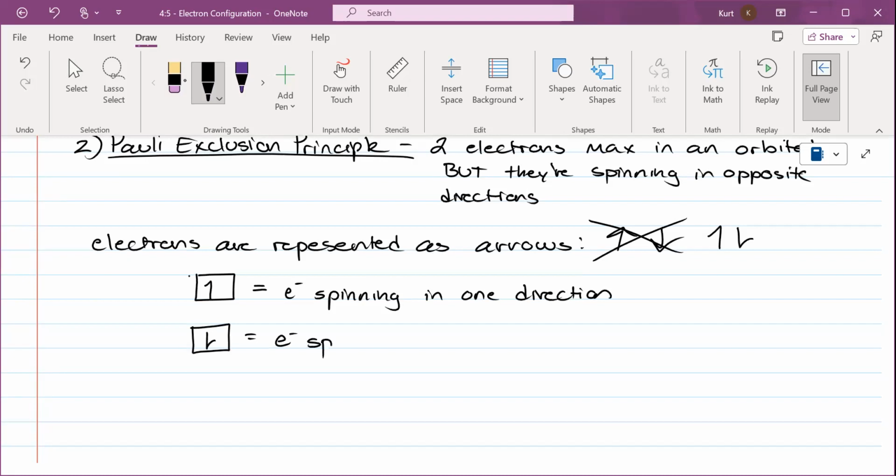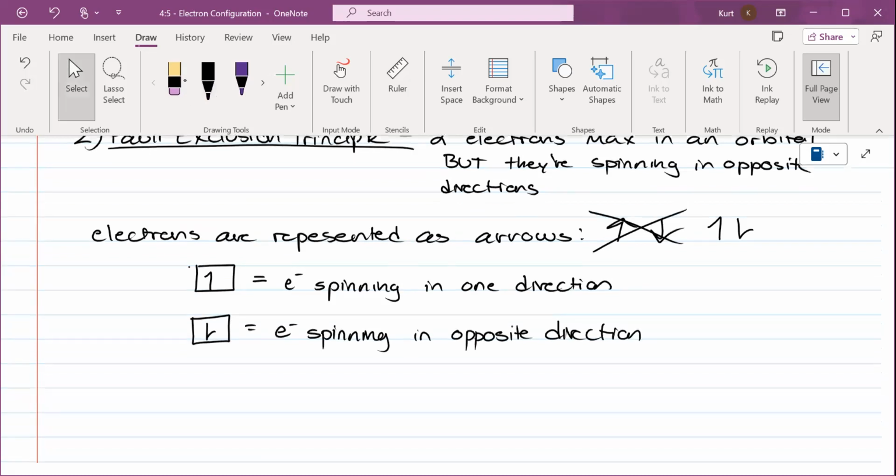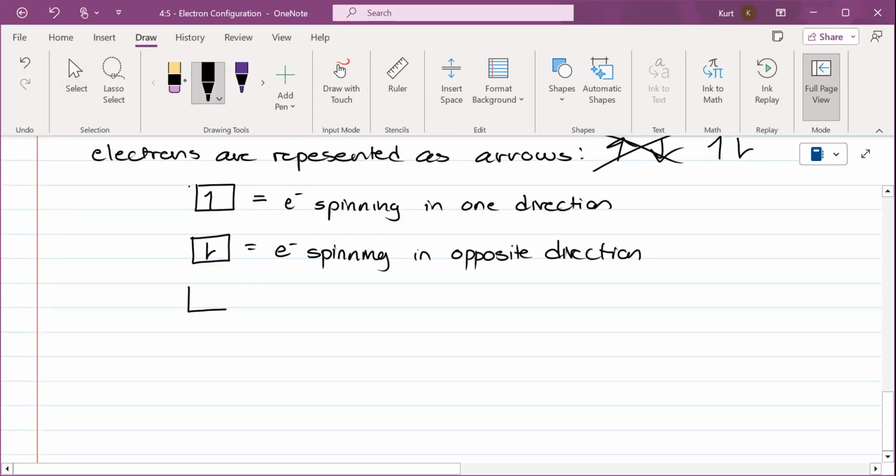This is an electron spinning in the opposite direction. This is an unoccupied orbital.